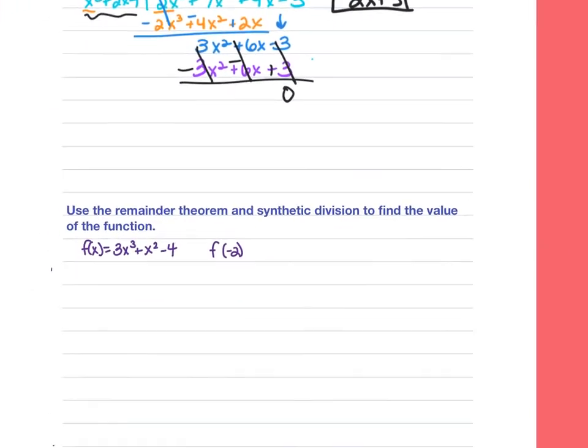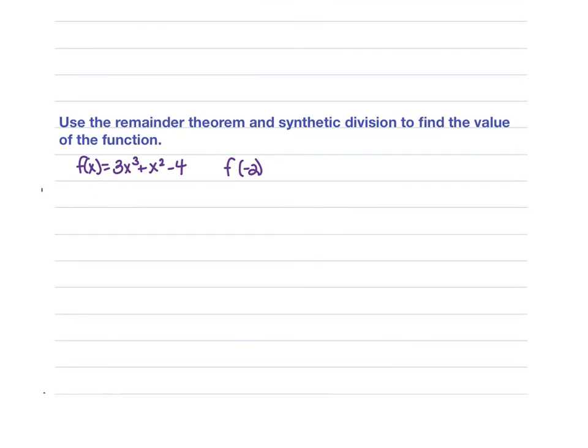Okay, the remainder theorem in synthetic division to find the value of the function. So if I give you f of x and I ask you to find a function value using the remainder theorem in synthetic, this just means take whatever is inside the parentheses, put it on the outside of our synthetic division, draw the bar. Make sure every term is here in decreasing degree order. I've got x to the third, x to the second. I don't have an x, so I'm going to add in a 0 there.